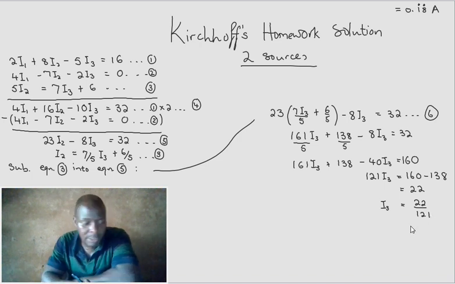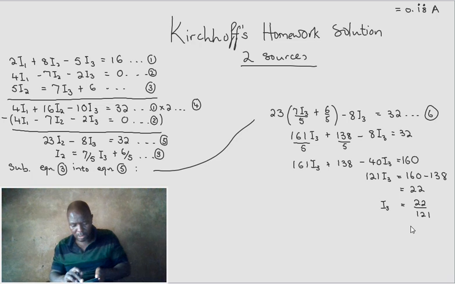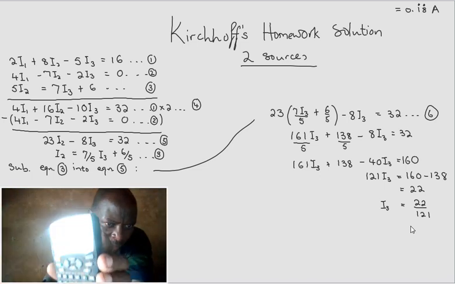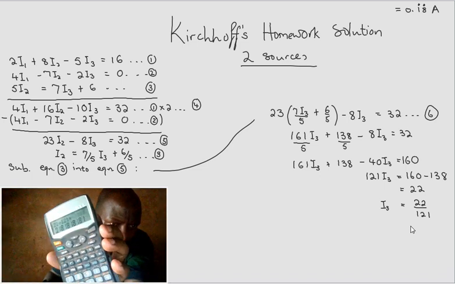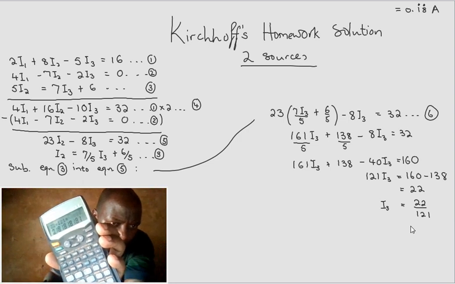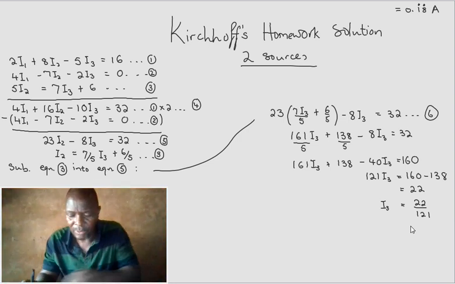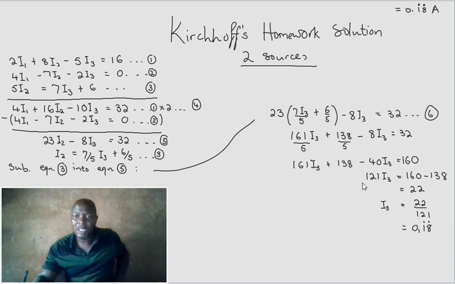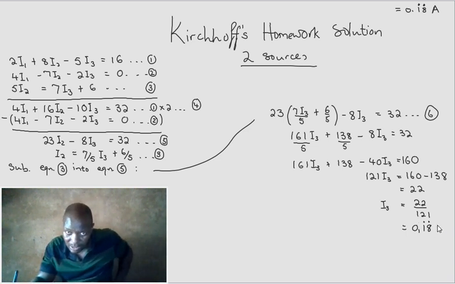That way you get that beautiful answer. You can freeze, 0.181818, repeating. I didn't see it last time when I was just checking on my own. When I put it on the screen, I realized that this is repeating. So there is our answer, the current I3.